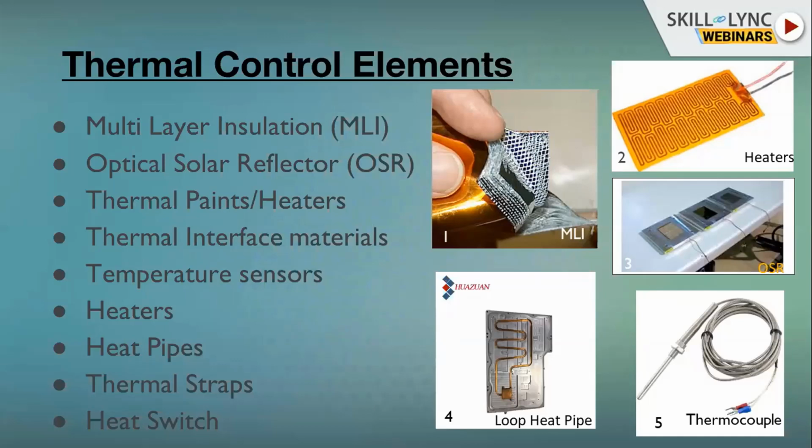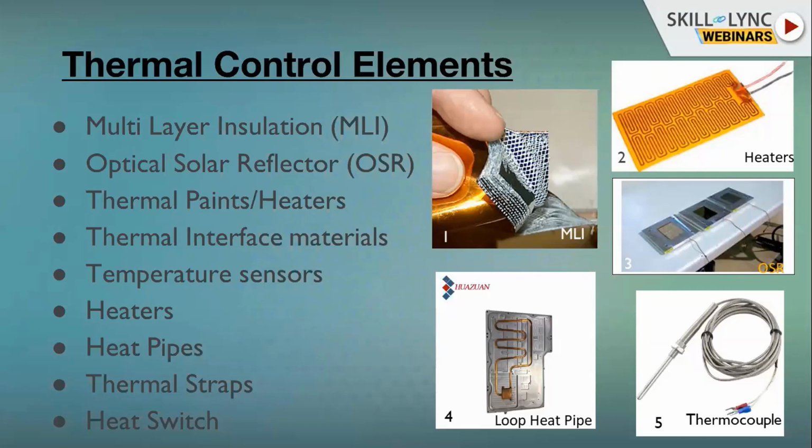Then there are heat pipes. Like the one you see in figure 4, this is a loop heat pipe. Basically it carries the heat from the high temperature source component to the radiator. They transfer heat using two phases.